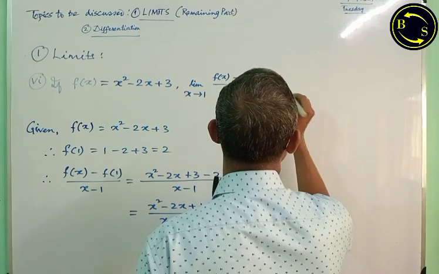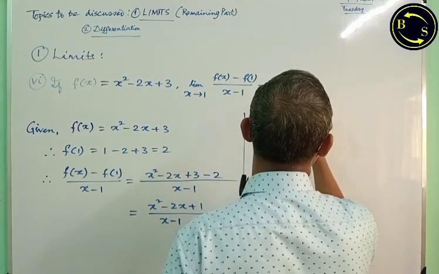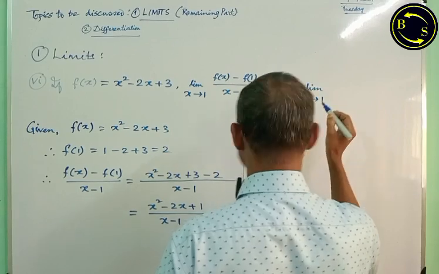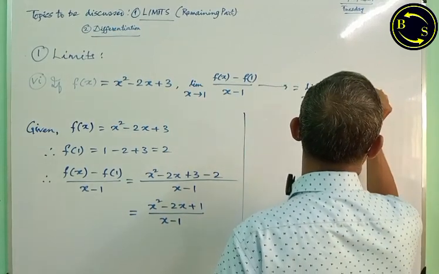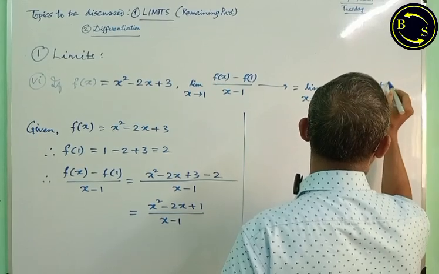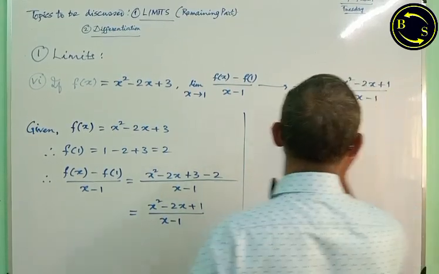Therefore, this limiting value will be equal to limit x tends to 1, x square minus 2x plus 1 by x minus 1.